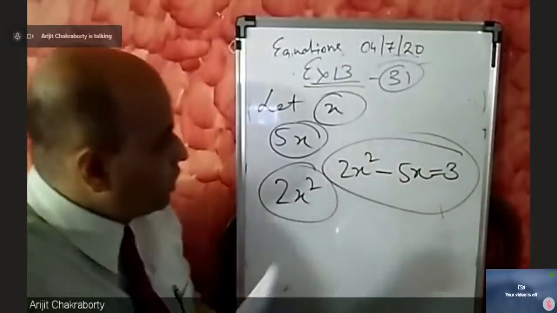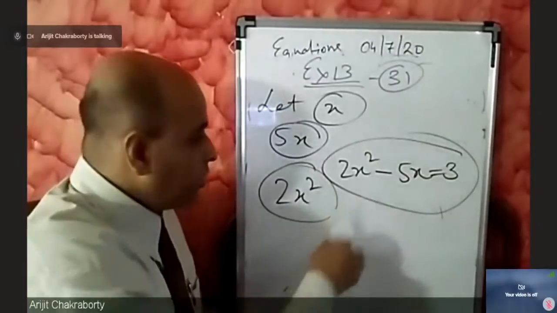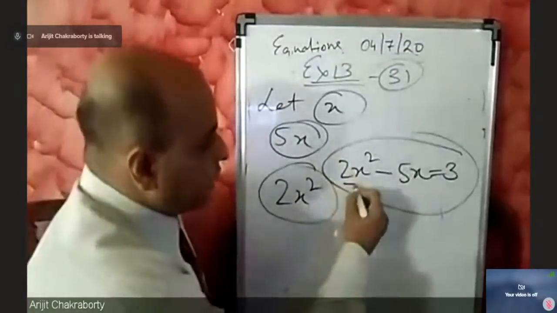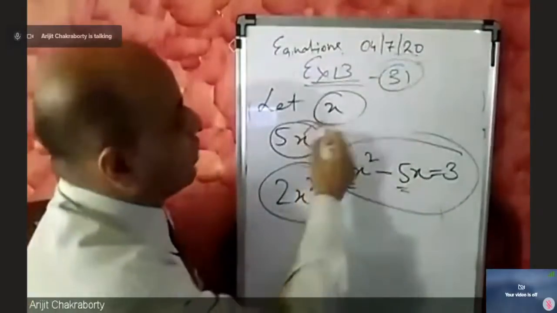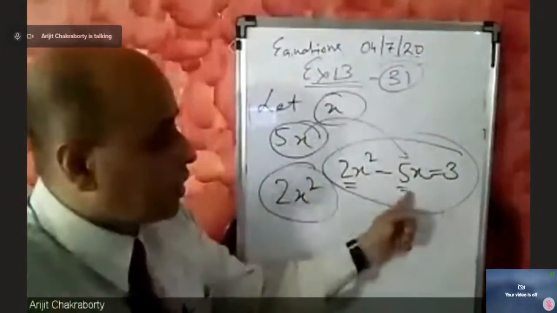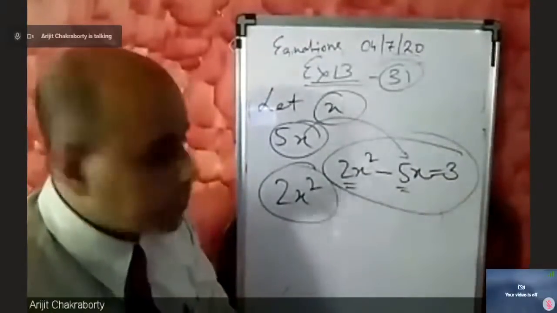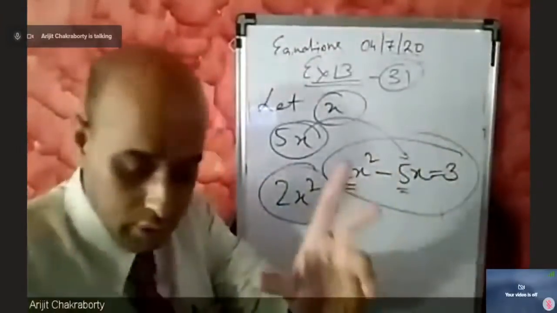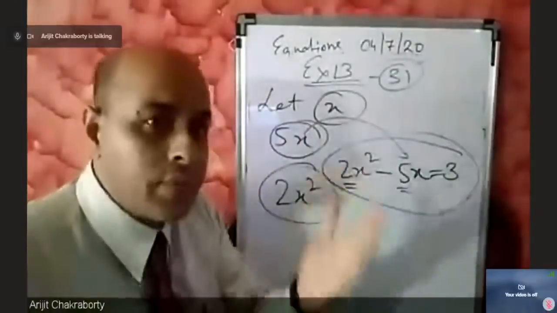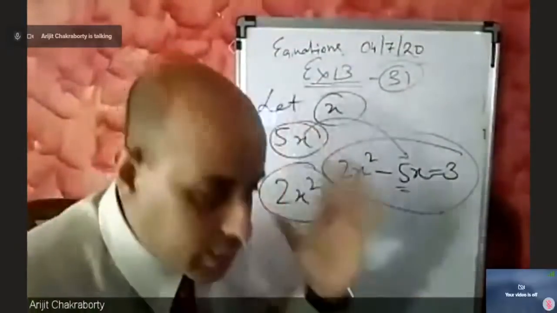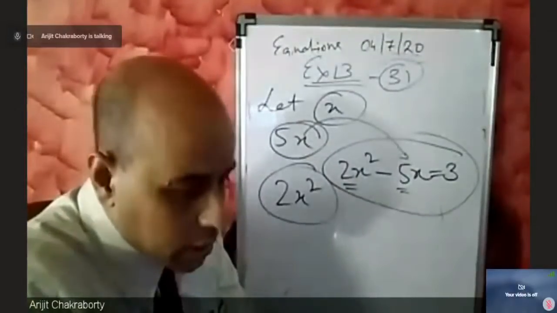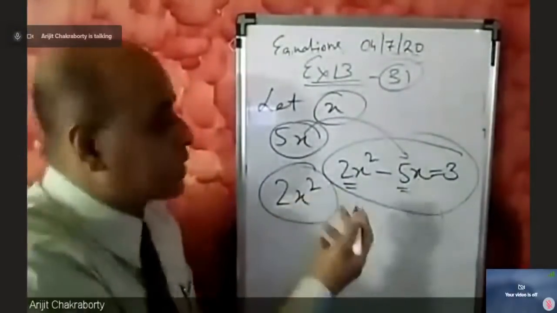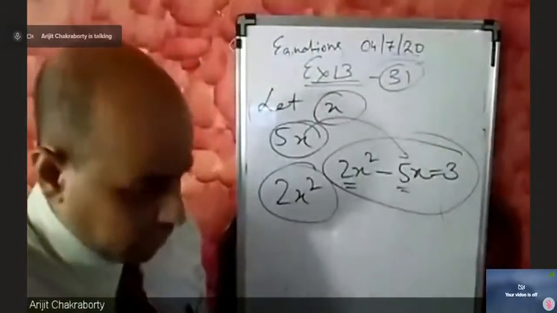So 2 into the square of the number, using the red color, and this 5x which has gone, and we got the difference of 3. So it is a quadratic equation. Students may kindly note that this is a quadratic equation, and the form of the equation is ax square plus bx plus c.